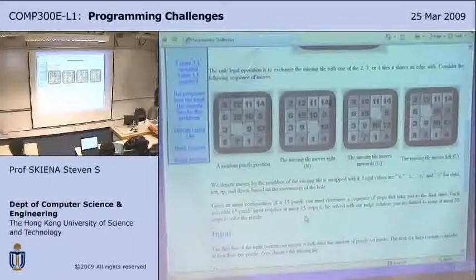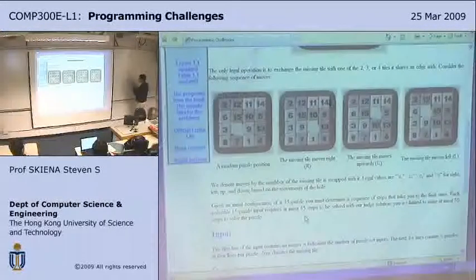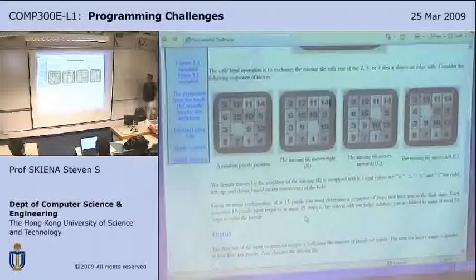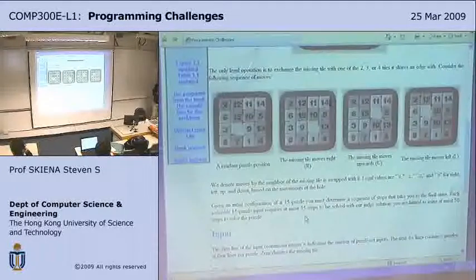The only other idea that I would think about is, does it pay to order the moves? Up, down, left, right, in some particular order, to speed up the search. Okay?